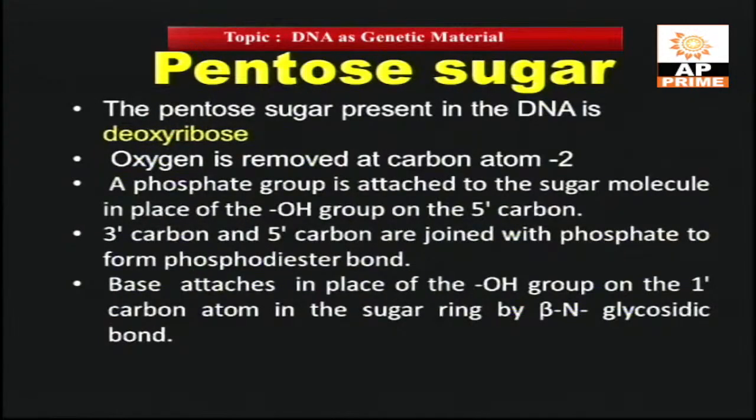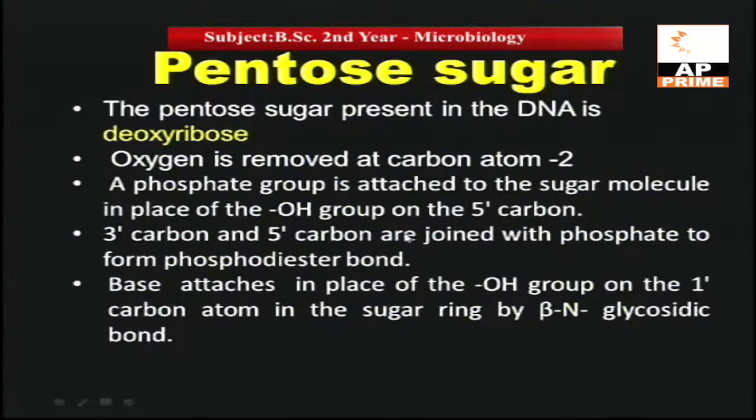Now we will move to discuss the properties of pentose sugar. It is a deoxyribose sugar. The oxygen atom present at carbon atom 2 of ribose sugar is missing, so it gets the name deoxyribose sugar, and DNA has the name deoxyribonucleic acid.